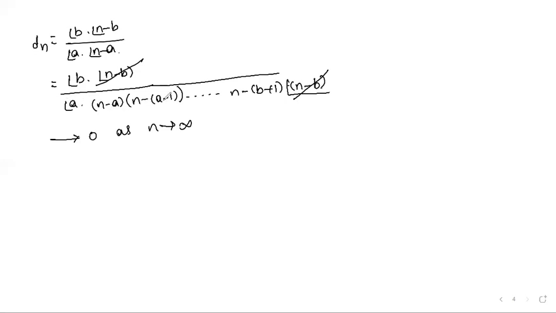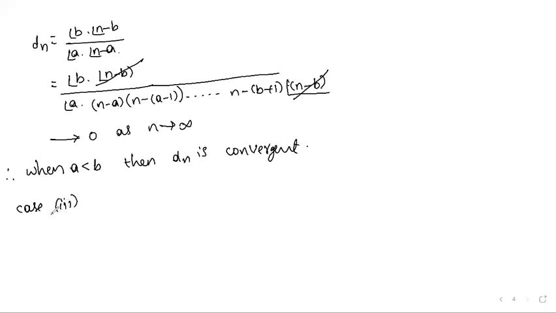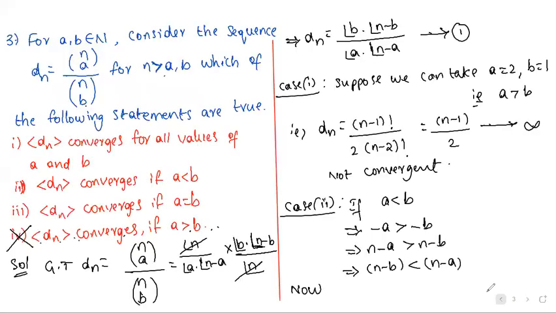Therefore, when a is less than b, the given sequence d_n is convergent. So the second option is right.